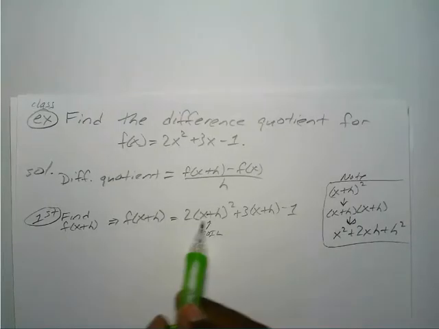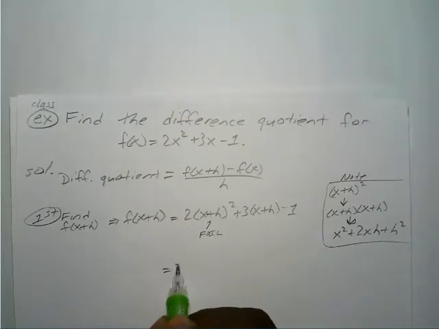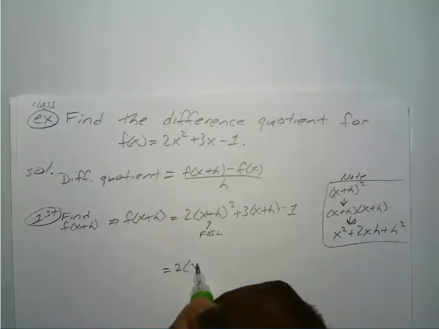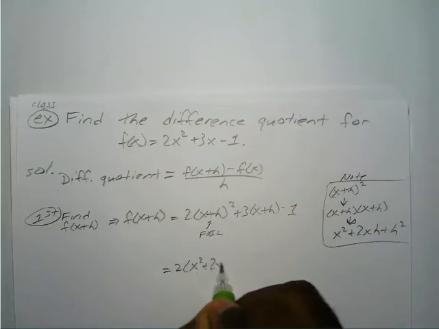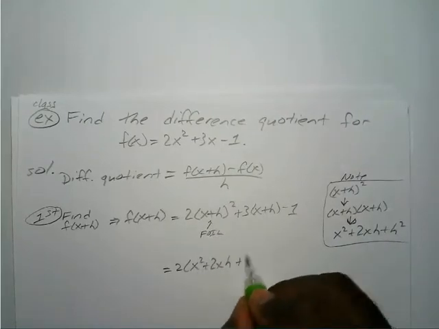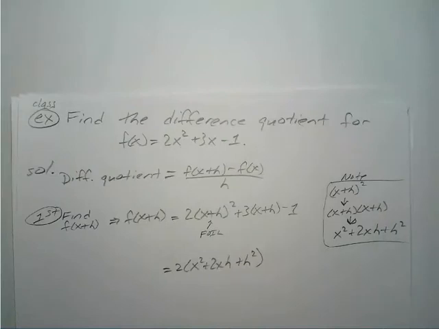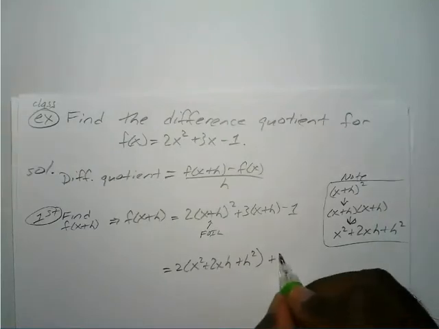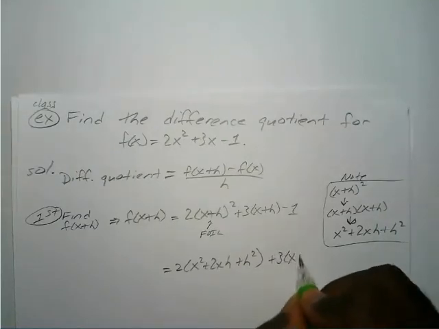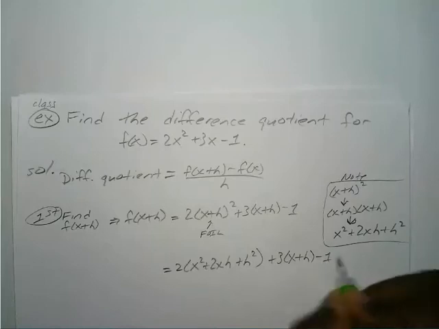So this just becomes 2 times x squared plus 2xh plus h squared plus 3 times x plus h minus 1.